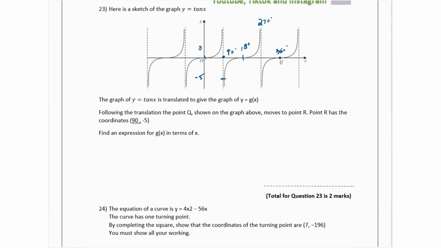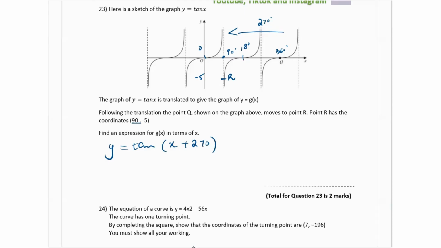So to understand how the translation has taken place, we can see that this is your point R. So it went in this direction. So from 360, it went to 90. So that means it went 270 degrees to the left-hand side. When it's going 270 degrees to the left-hand side, that means we are adding 270 to x.